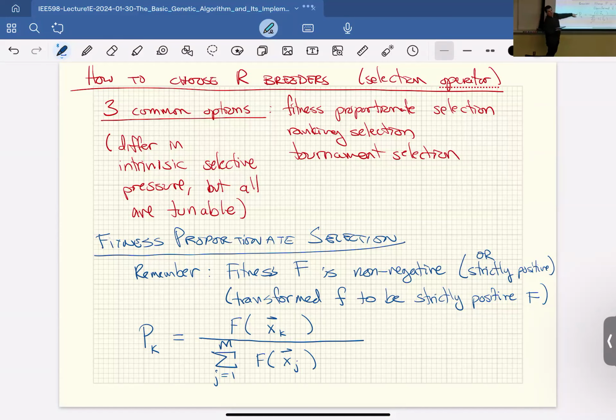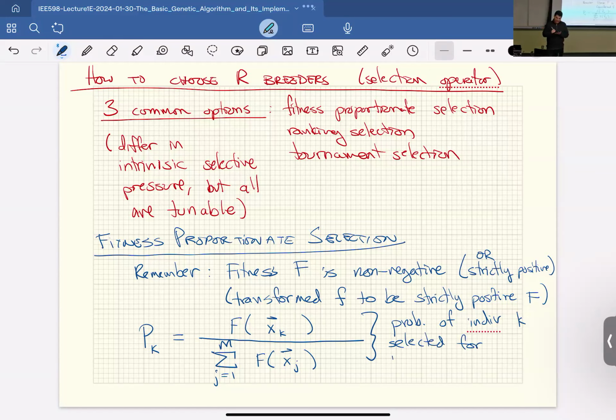So we're forming the probability that you get into the parents based on how you compare to the total fitness. This is the probability of individual K being selected as a parent.